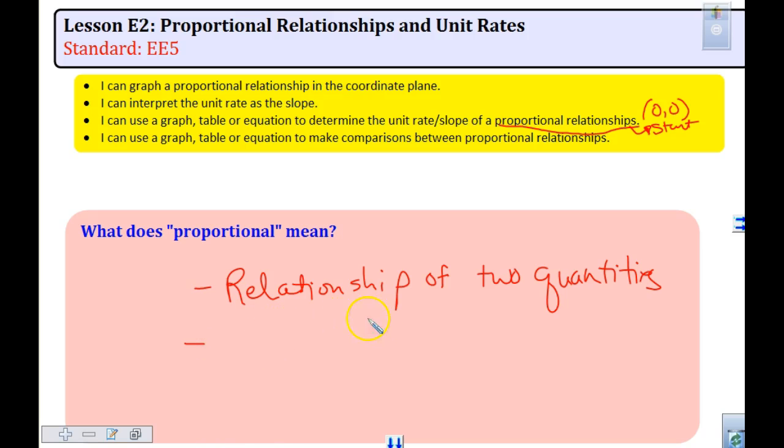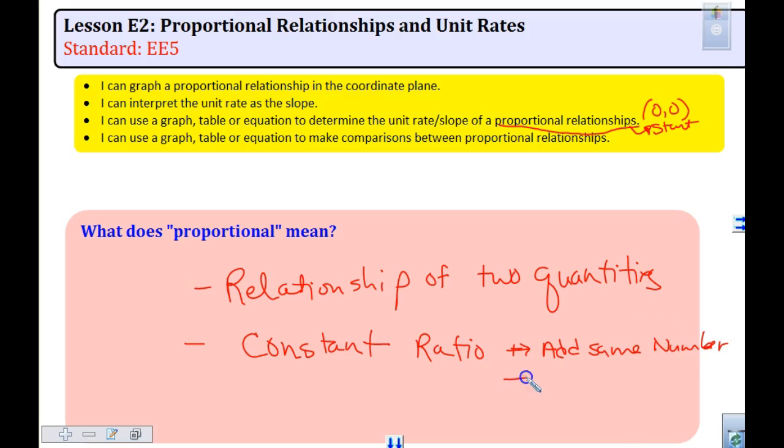It might be that you add the same number each time, so that we are adding 4 each time. Every time we add the same number. Or it might be that we are subtracting the same number. So that constant ratio keeps adding or subtracting the same thing.